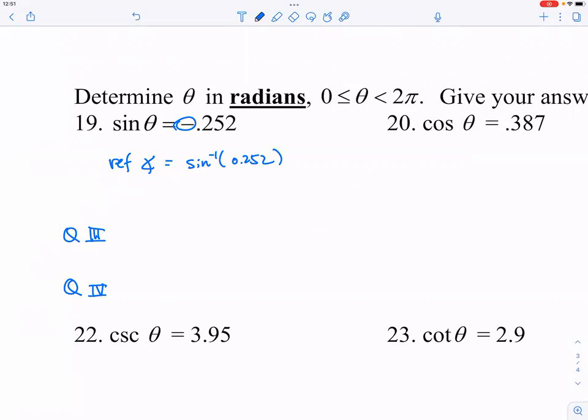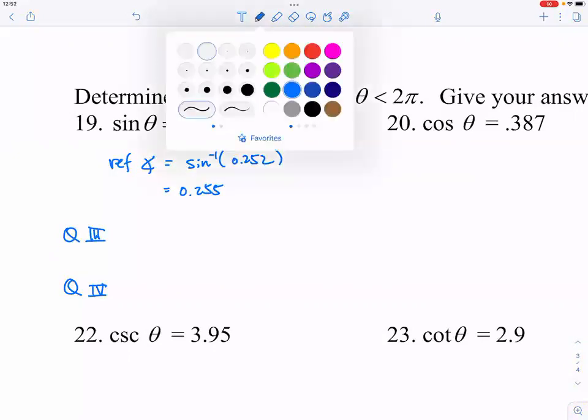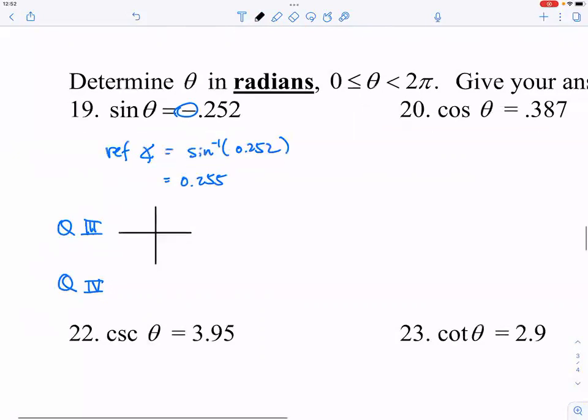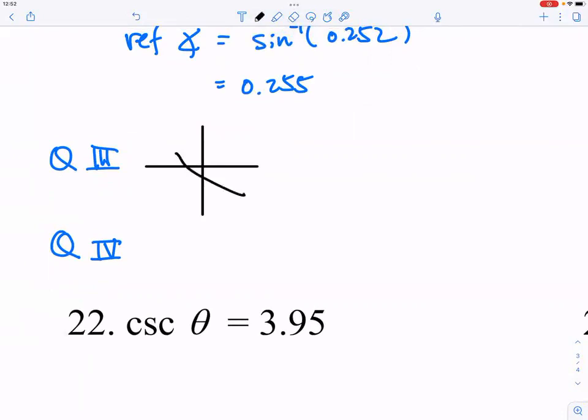So set it to radian, and then inverse sine of 0.252 will give you a reference angle of 0.255. So if you know what's going on, you can go ahead and do the addition or subtraction. But if you have no idea, again, draw pictures. Draw pictures to show yourself what is going on.